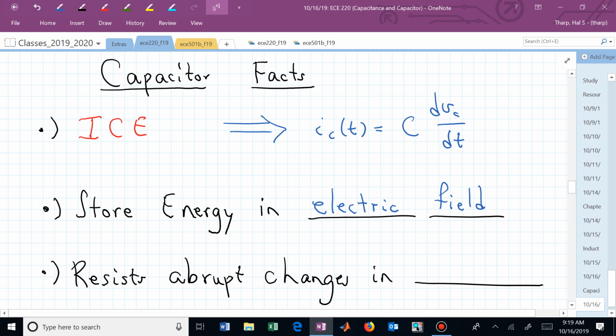Oh, I'm now looking at small changes. I can make a small change in dV, in voltage, but I can't do that instantaneously. I can't make dt go to 0. If I did, then the current would be infinite, so the capacitor is resisting abrupt changes in its voltage.